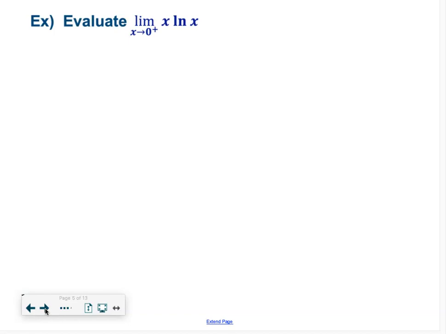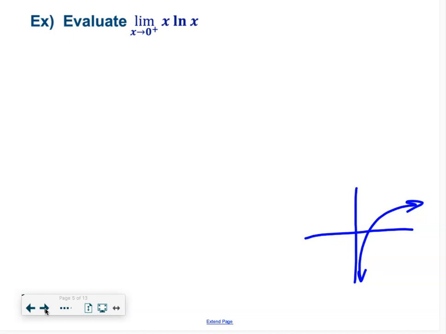Because the natural log doesn't even exist to the left of 0 or at 0. It only exists for positive values of x, so you have to do the limit as x approaches 0 from the right.